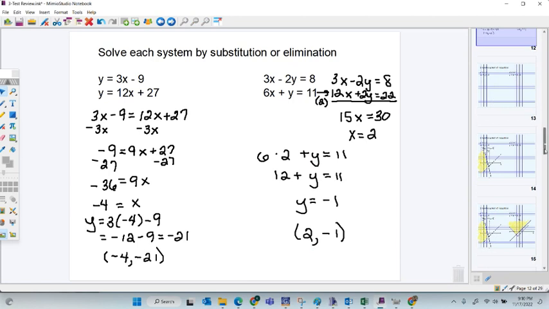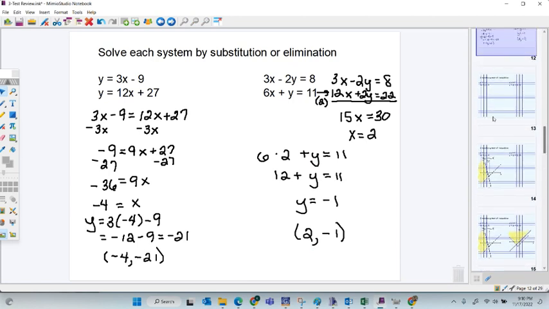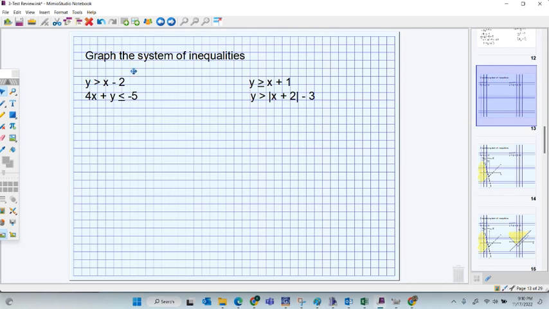If you remember also from the first half of the chapter, we have graphing the system of inequalities. Remember, we're only getting that V shape when you have the absolute value. Other than that, treat it like y equals mx plus b. So you would be starting here at negative 2 and going up 1, right 1.